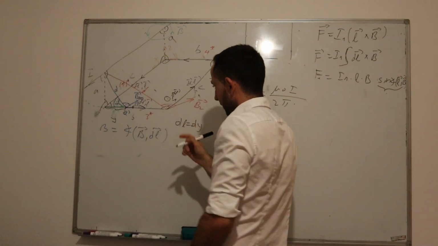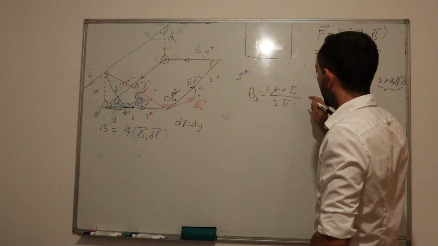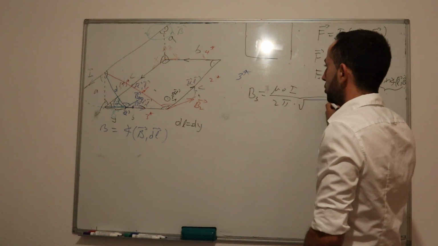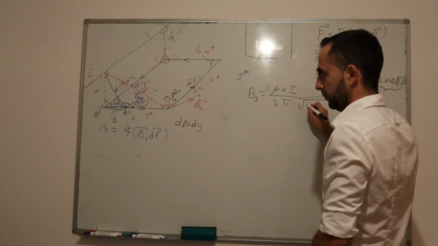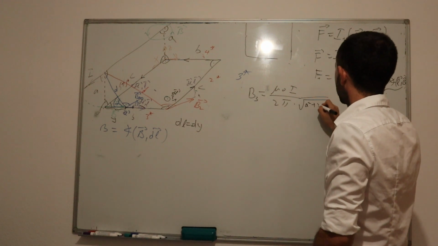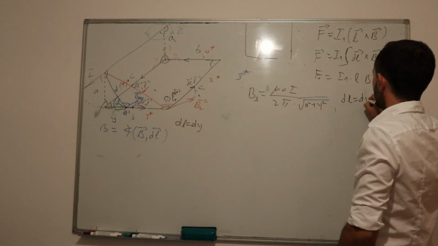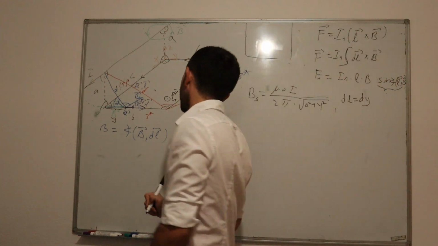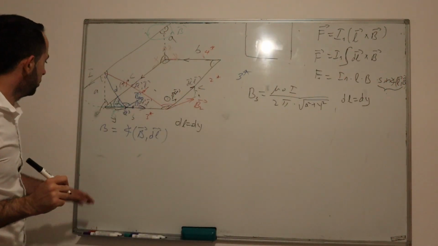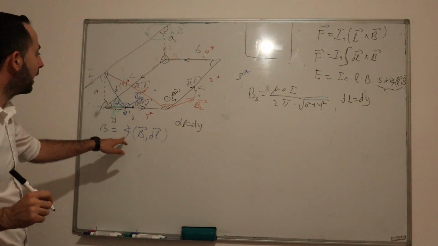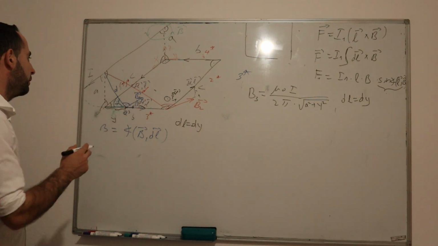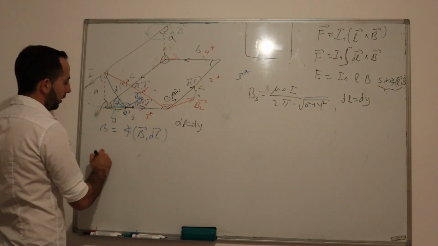The same thing as in the previous video when we calculated flux, which means this is a squared plus y squared. dl is equal to dy. And now we know that the angle between B and dl is beta, but we need to determine what beta is.